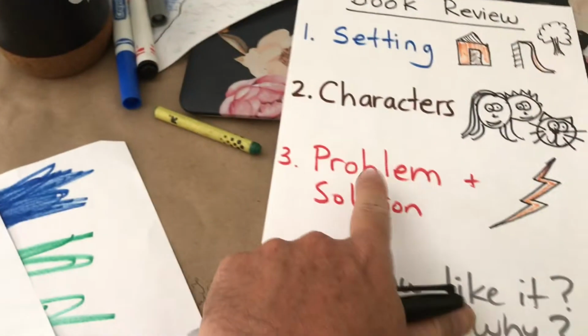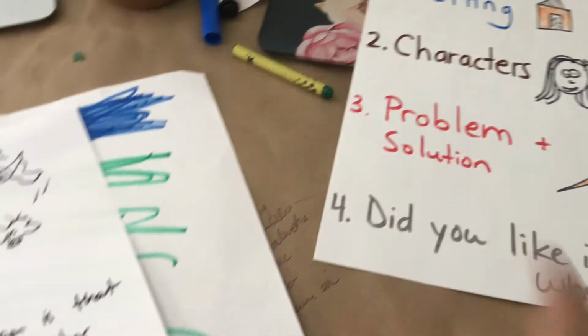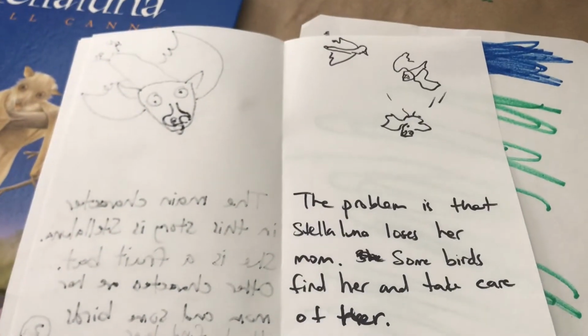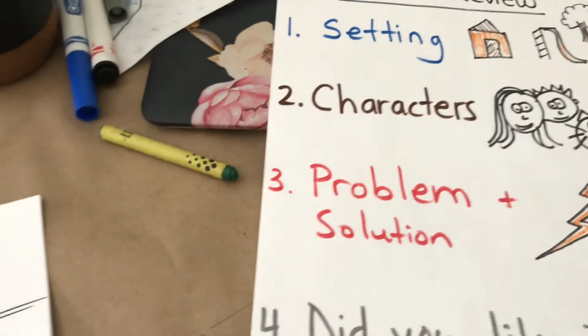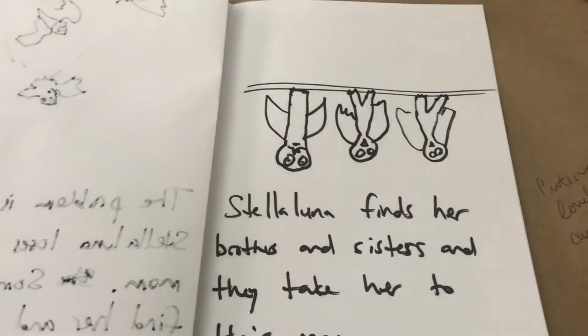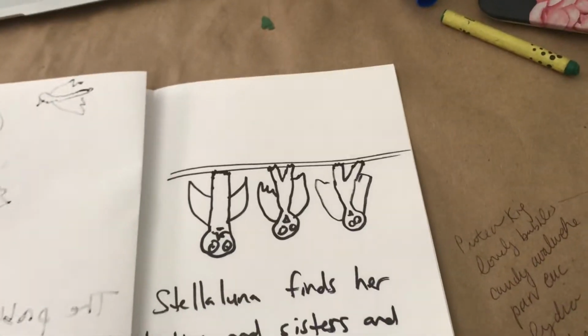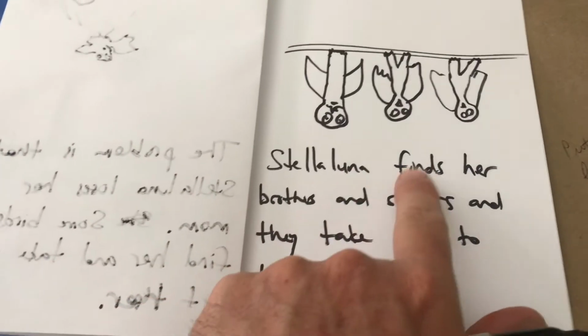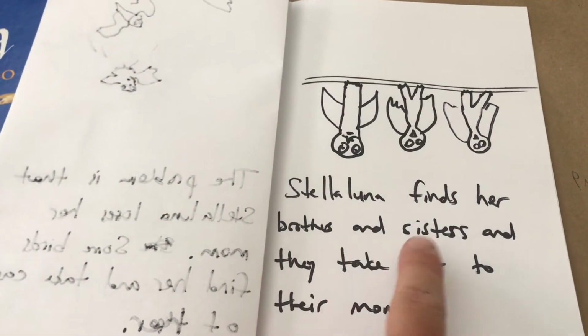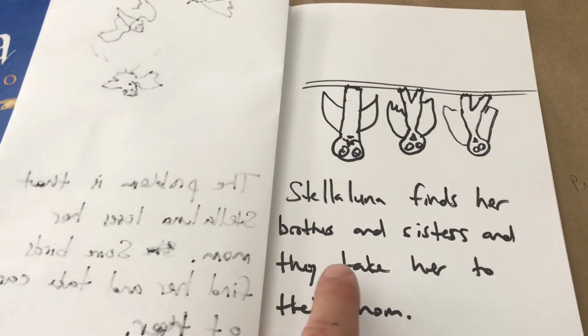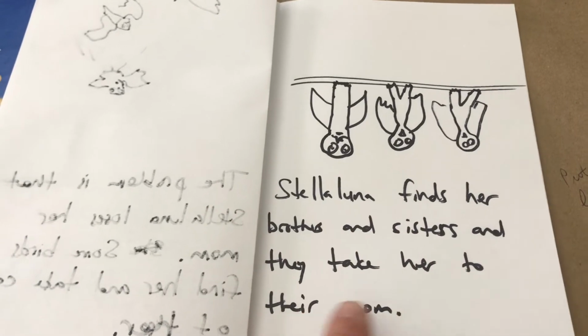Okay, I'm doing the problem and solution. So I've done the problem and now I'm doing the solution, right? How does she solve that? What I was working on was the solution to the problem, right? So the problem was that she lost her mom. With the solution I wrote, Stellaluna finds her brothers and sisters and they take her to their mom.